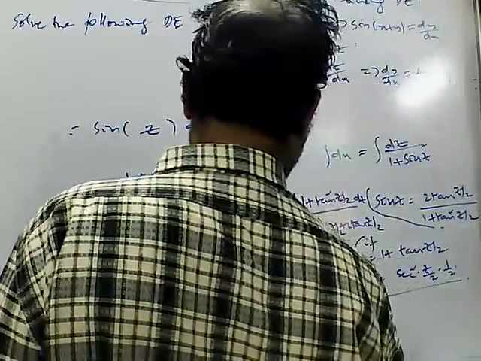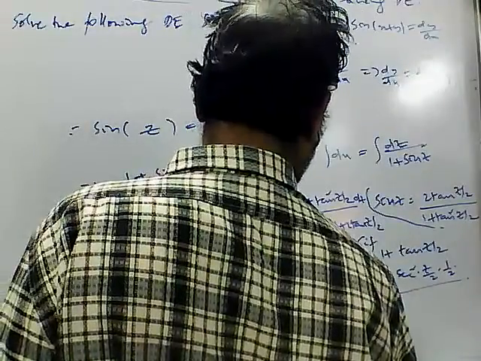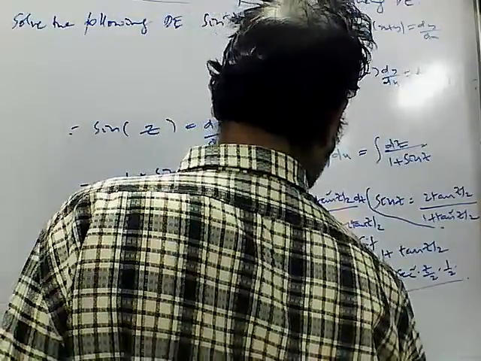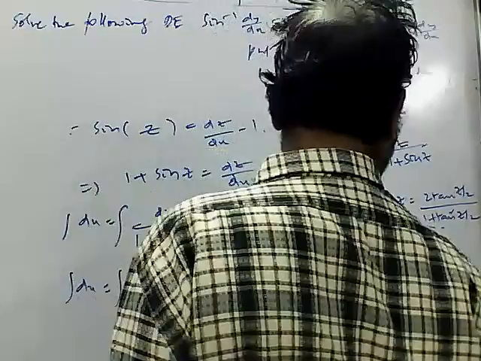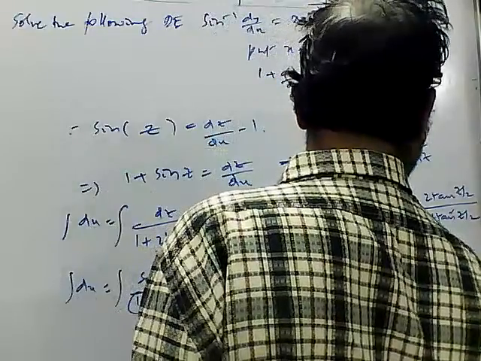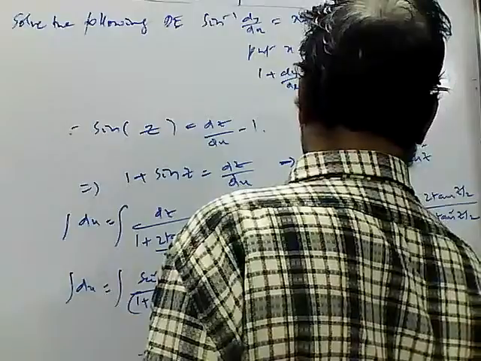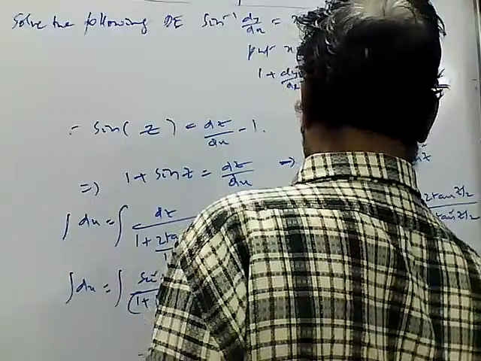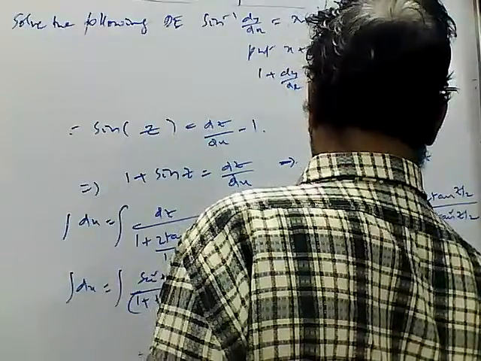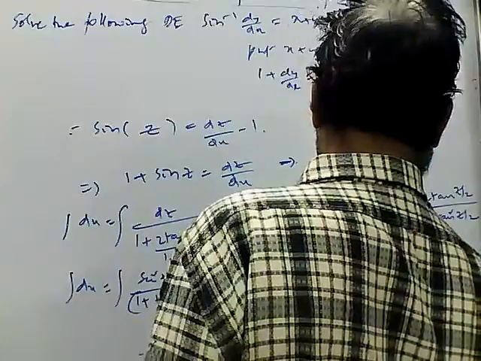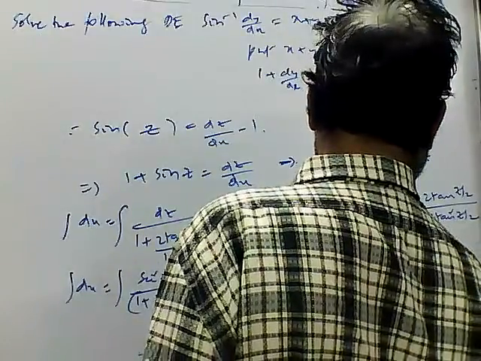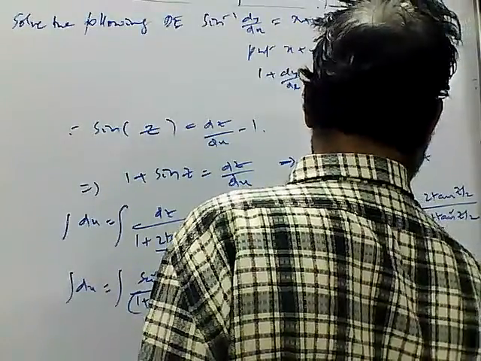That implies integral dx = 1/2 integral minus 1 by t² dt.